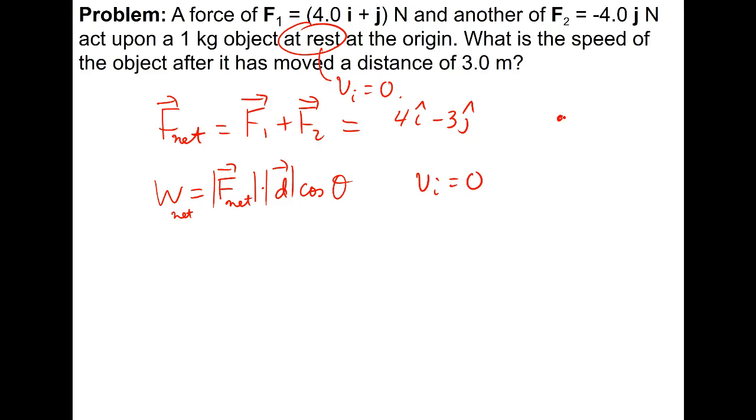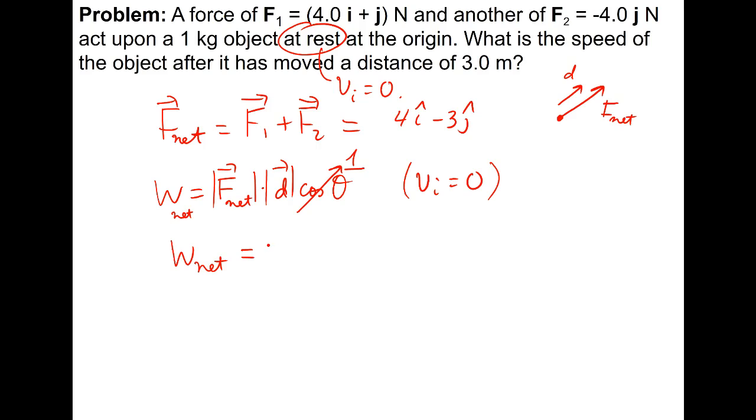So if I have an object and I apply a net force to it, well, that's the direction it's going to move. However, if it had a v initial in a different direction, then it would be more complicated. Okay, so that's why we had to say that v initial is 0. So the cosine of this turns into 1, and the net work is going to be F net dot D.